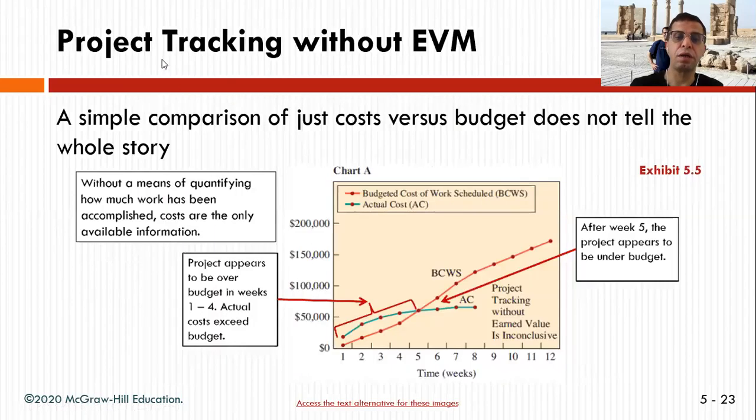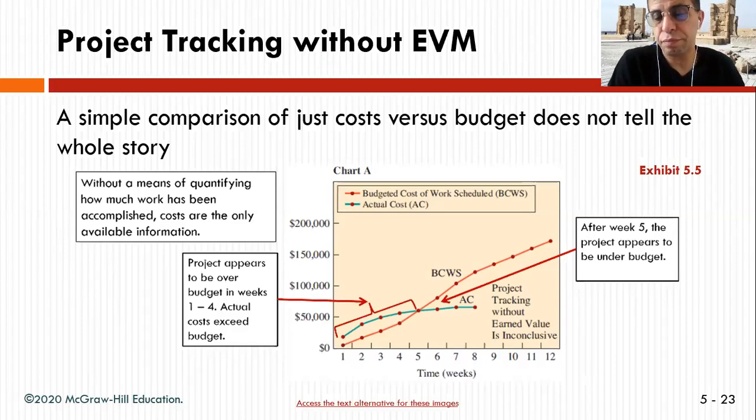So there is more involved in doing that. If you do project tracking without EVM, what will happen here? We said that a simple comparison of just cost versus budget does not tell the whole story. For example, if you look here, you have the BCWS, which stands for budgeted cost of work scheduled, and then you have the actual cost, which you get from the accounting department.